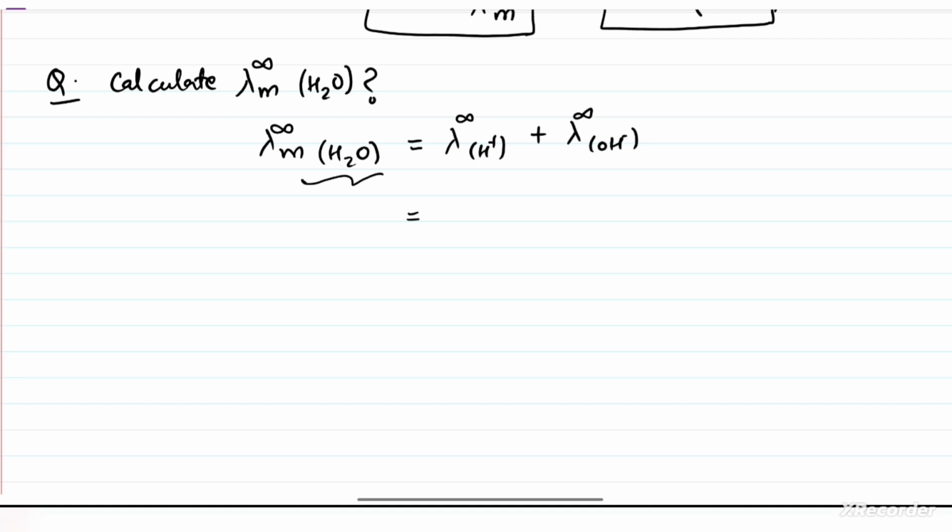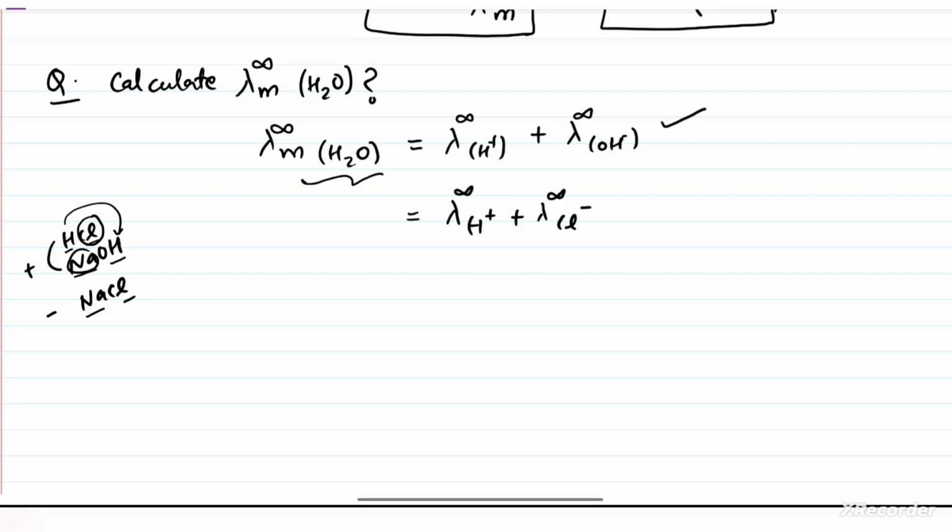So I write λ∞ of H⁺, then λ∞ of Cl⁻, because I'm adding HCl and NaOH. First I will add HCl and NaOH, then I will subtract NaCl. When I add HCl and NaOH, we get H⁺, Cl⁻, Na⁺, OH⁻. The moment I subtract Na and Cl, these two are removed. So what we are left with is H and OH. That's what we need.